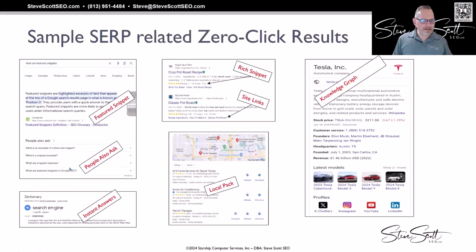You may also see things like People Also Ask, right? These are additional questions that come up based upon what's in this question here. And so we want to see if we can get our People Also Ask question laid out there. Here's a dictionary, right? So I actually asked for a dictionary result for, what is a search engine? And we get an answer.